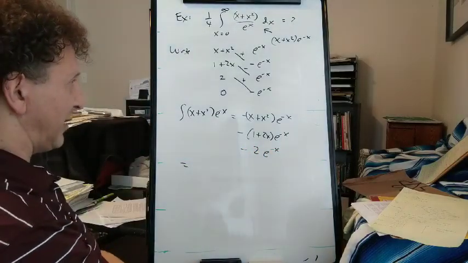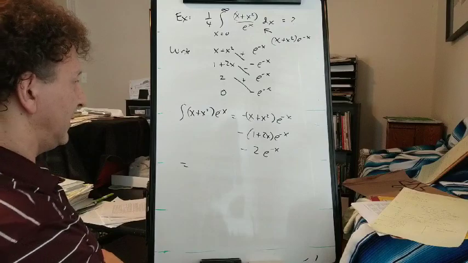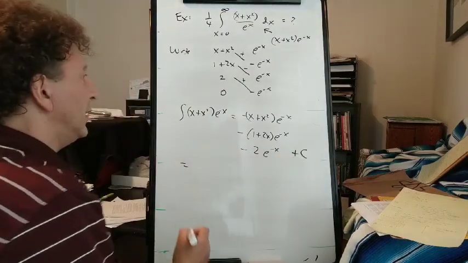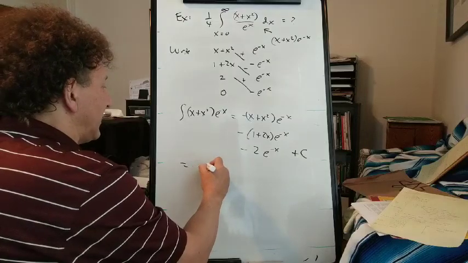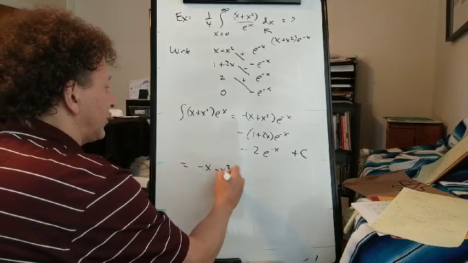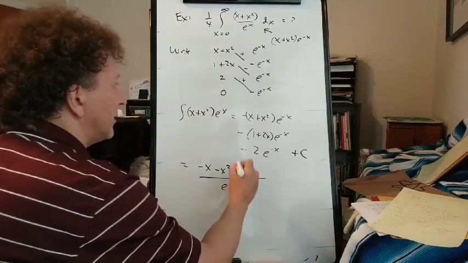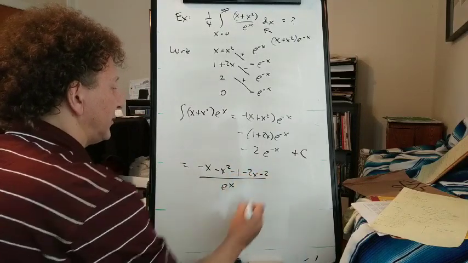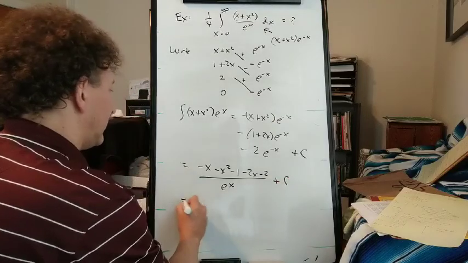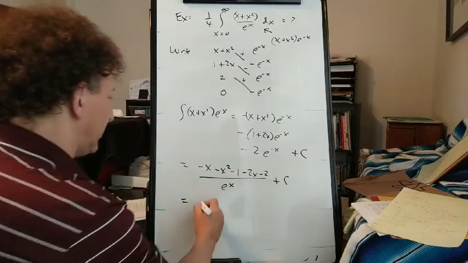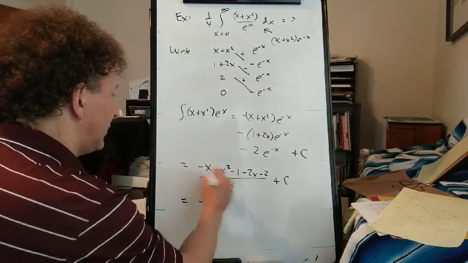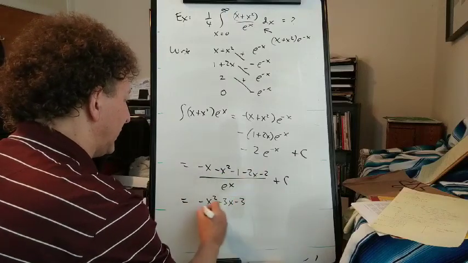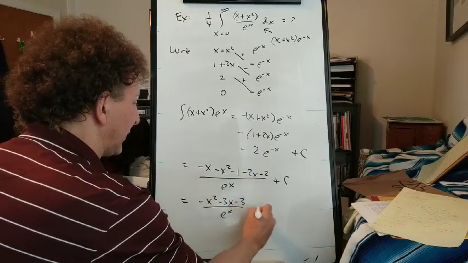We can factor out e to the negative x, and we've got minus x squared minus 1 minus 2x minus 2. So in total, we have minus x squared minus 3x minus 3 over e to the x plus c.